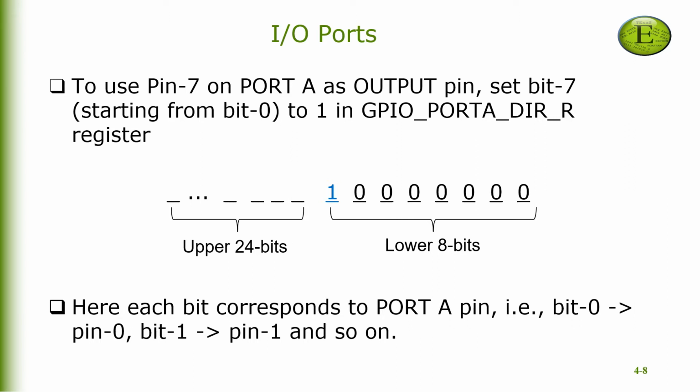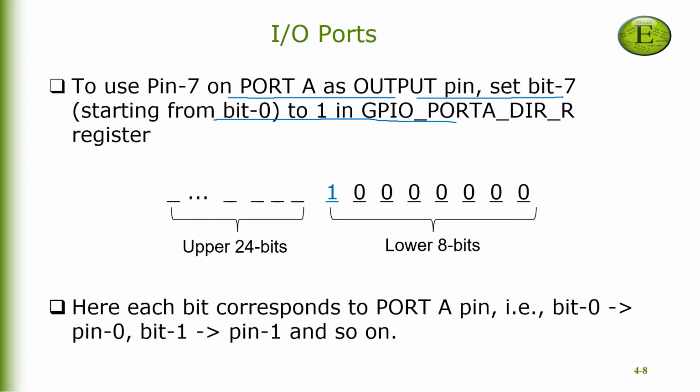For example, if we wish to set pin number 7 on port A, and remember the pin indices start from 0, not 1, so pin number 7 means the 8th pin of port A. If we wish to set pin number 7 on port A as the output pin, that's where we wish to output data, then we are going to set bit number 7. Again, the bit indices start from 0 as described earlier.